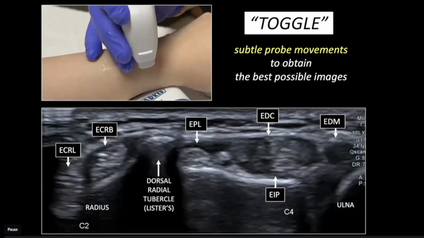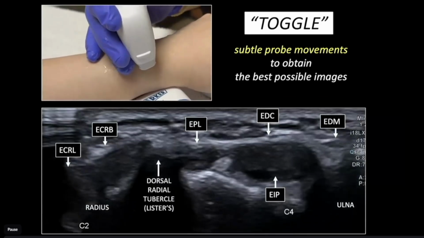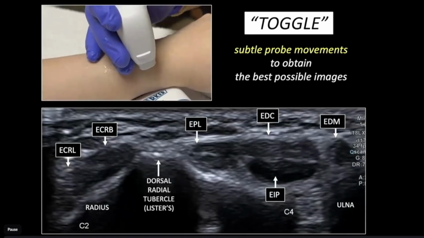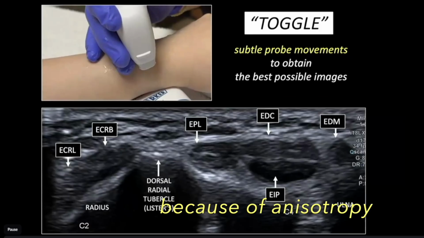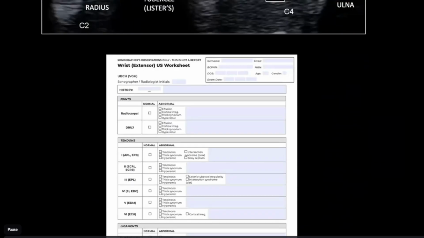These are just subtle movements that help you to make decisions. You can see how the bone gets bright and the tendons appear and disappear. Tendons, if they are ruptured, will stay echogenic, but tendons, if they are intact, will disappear.